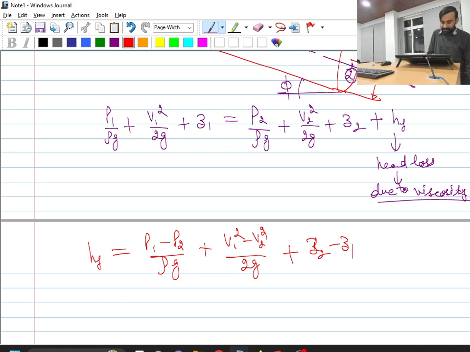Ultimately HF becomes equal to delta P by rho g, where P1 minus P2 is delta P. If the pipe is of constant cross section and I have incompressible flow, then V1 will be equal to V2, so this will cancel out. Is this point clear? All are clear with this idea?